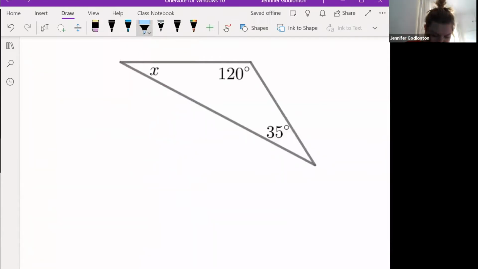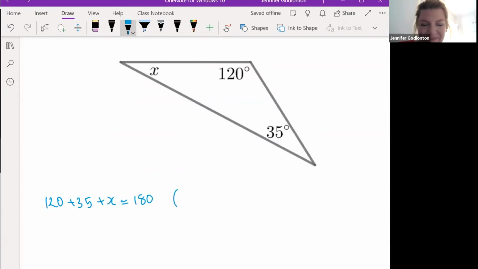I think you should say 120 plus 35 plus X is equal to 180, because of the sum of angles in a triangle. Yes, sum of angles in a triangle. Beautiful. So where would I go from there?